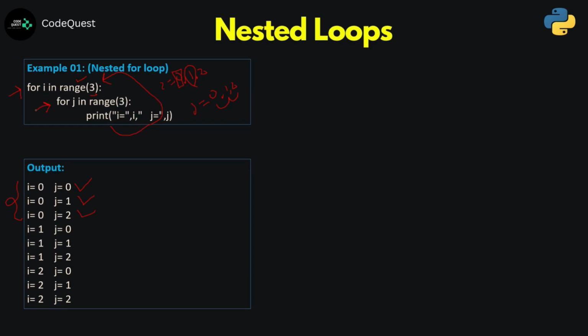Once again, when we enter the inner loop, j is going to print 0, 1, 2, which means the i, j combination will be i is once again 1, for which j will be 0, 1, 2 once again. Now for the last time, the i value becomes 2, and for it the j value once again takes 0, 1, 2. As a result, the i value is 2 all the time and the j value has become 0, 1, 2.